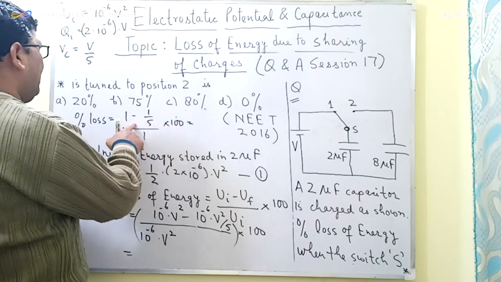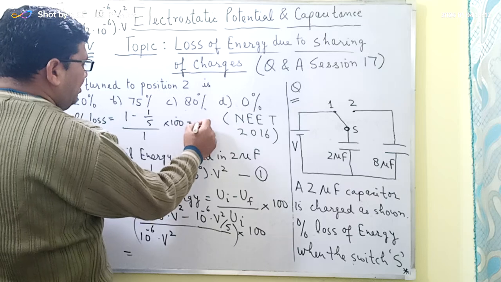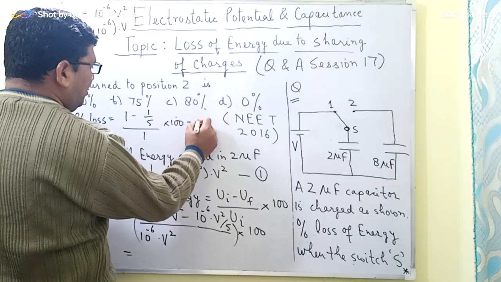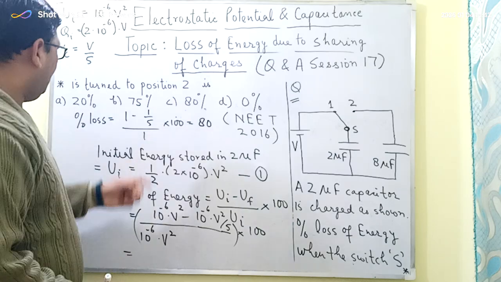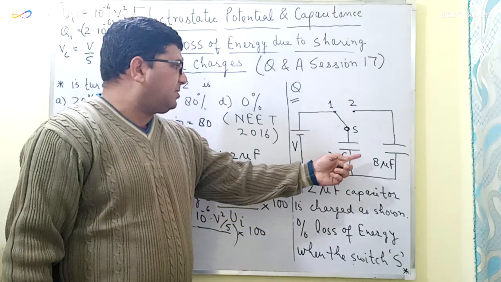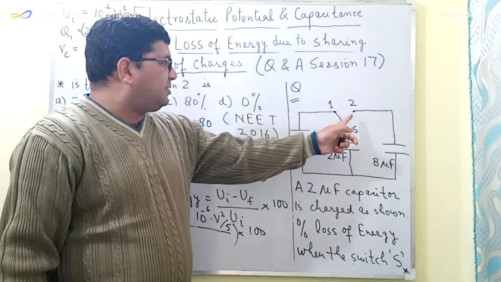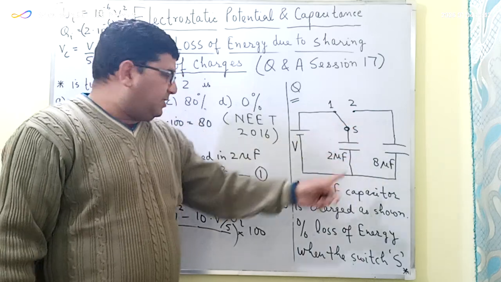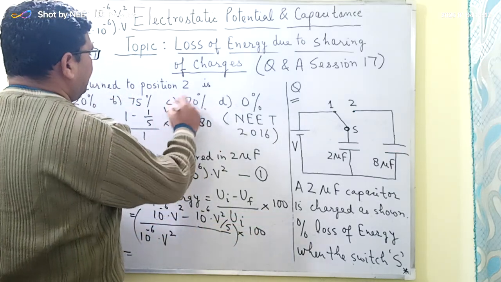So this will be equal to 4 by 5 into 100, which is equal to 80. So the percentage loss due to the sharing of charges when the switch S was turned towards point number 2 will be equal to 80%. So the correct option here is C.